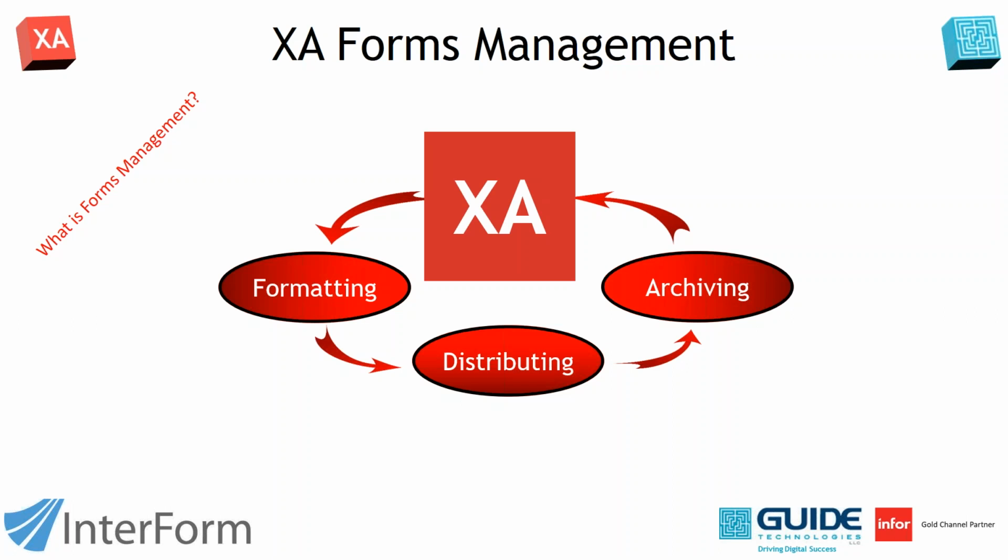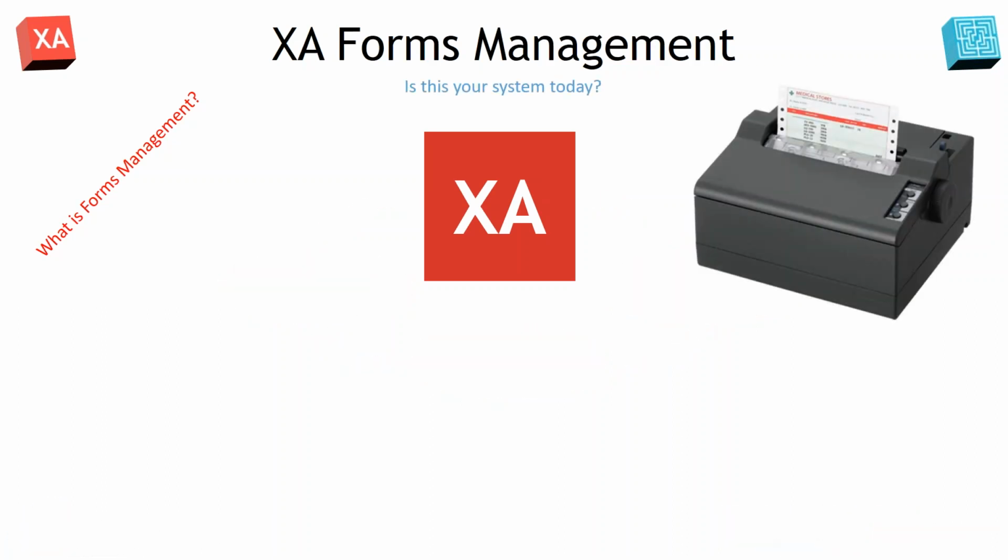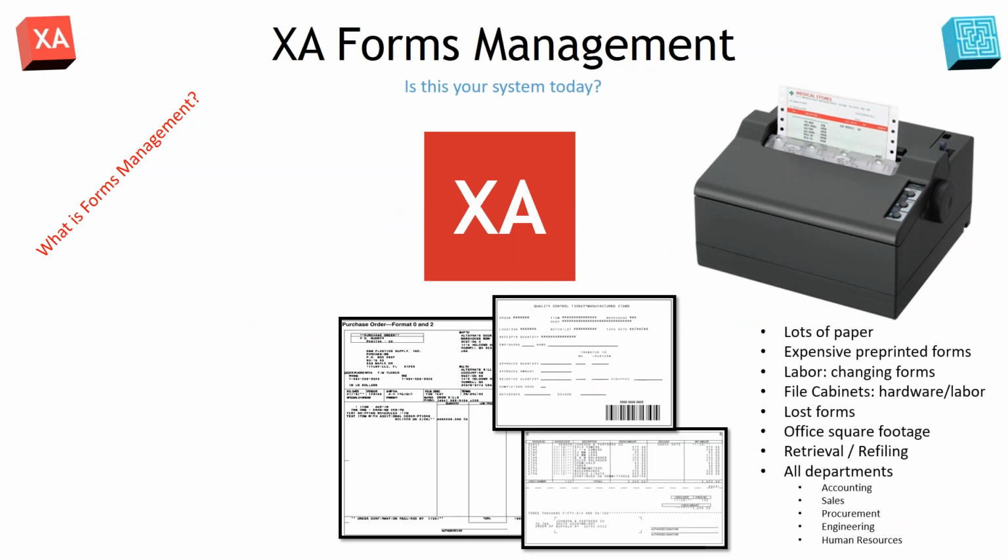You're doing it the old-fashioned way, but you are formatting by having the impact printer print inside the forms that are on your system. Then you distribute them. You mail them. You fax them. You email them. That's the distribution piece. And then you save them. For most people, your system probably looks something like this.